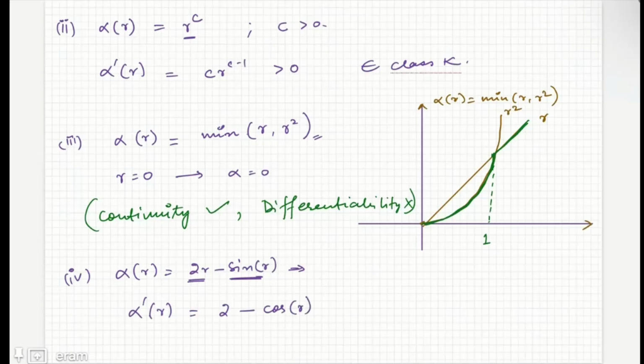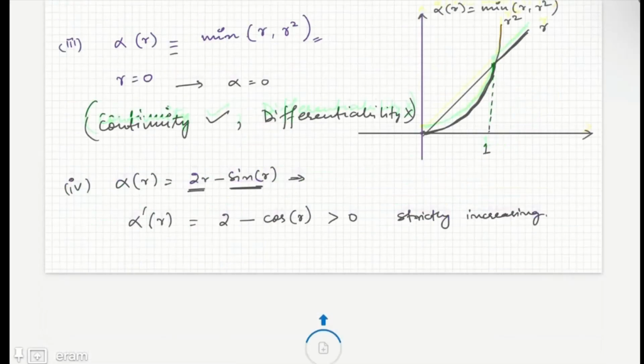Since cos r belongs to minus 1 to 1, this quantity is greater than 0, so it is strictly increasing. That means this is also a class K function.